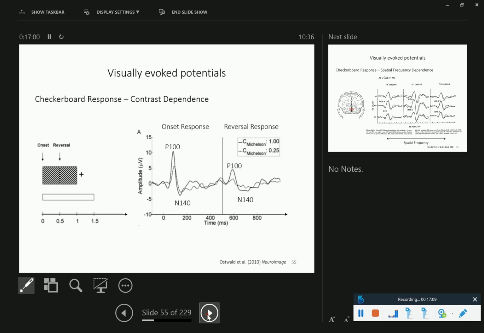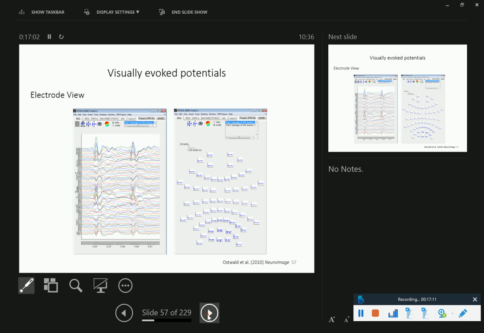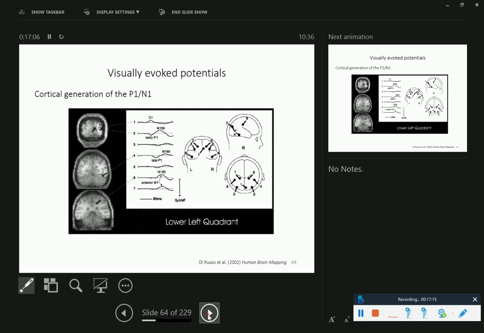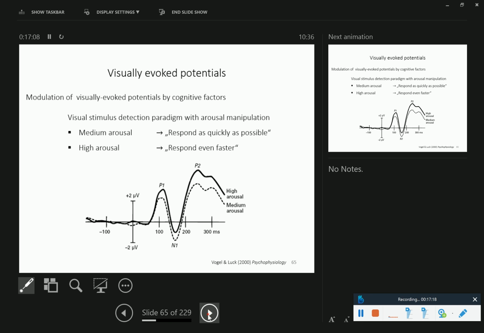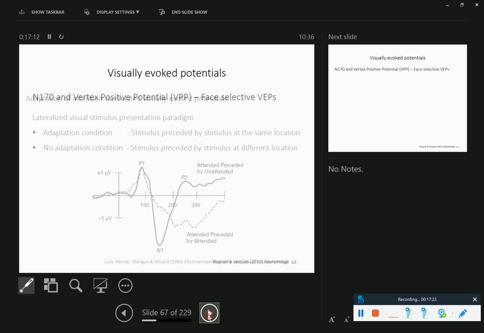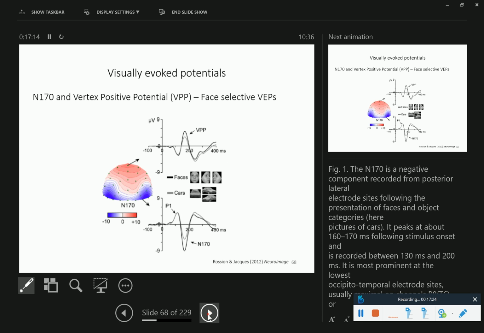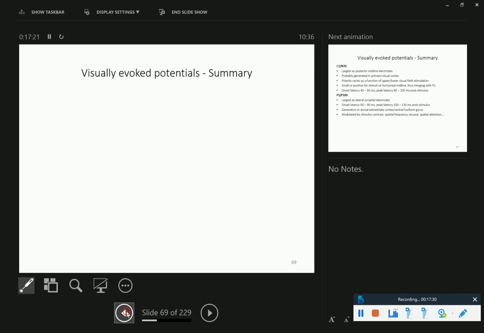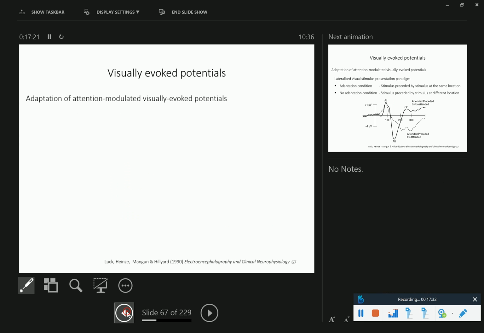I want to skip fast forward for a second because I want to check something. Okay, so I thought this slide would come earlier.